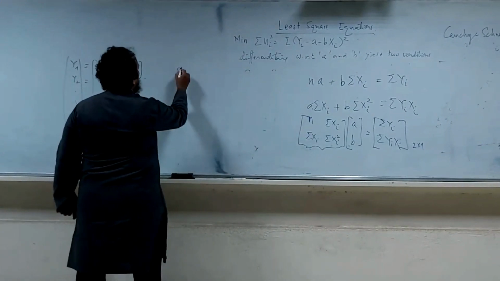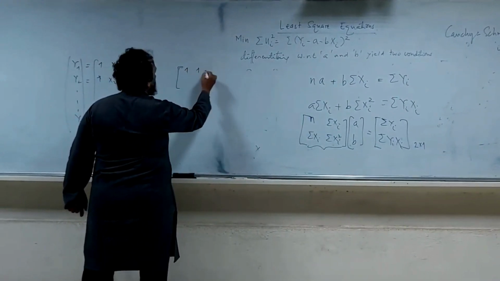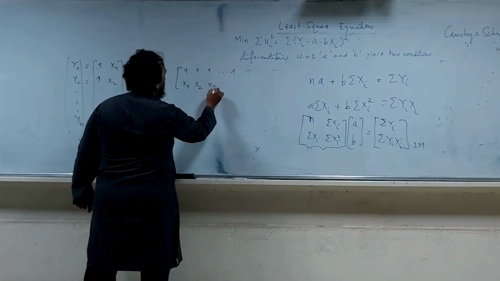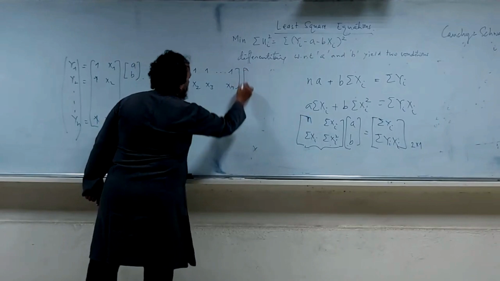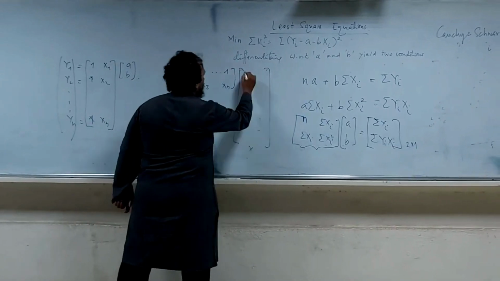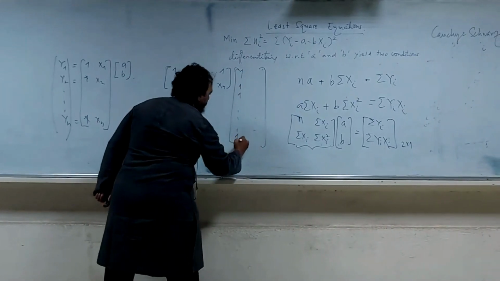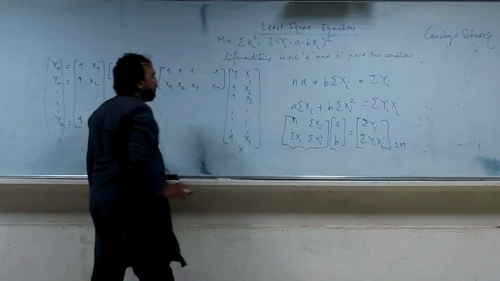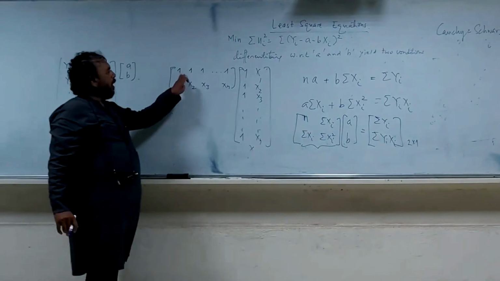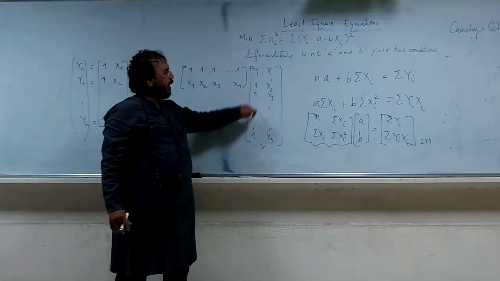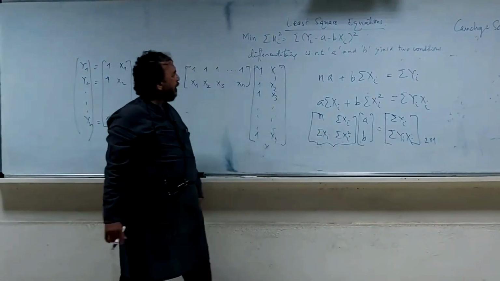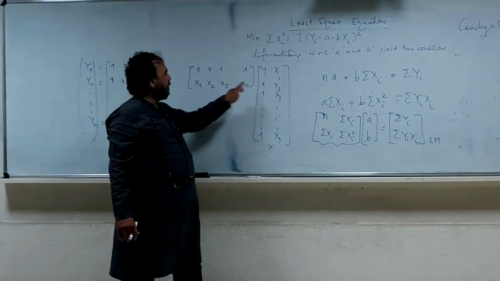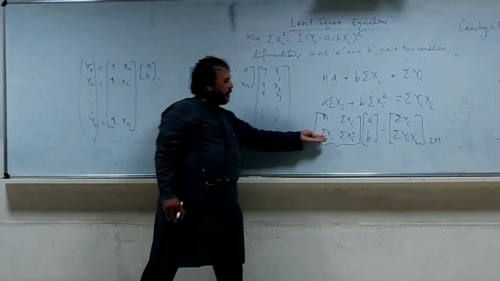I write x transpose. Now you define the multiplication again. 1 into 1 plus 1 into 1, n times, gives me n. Then I multiply this with this, 1 times x1 plus 1 times x2, which is nothing but summation xi.